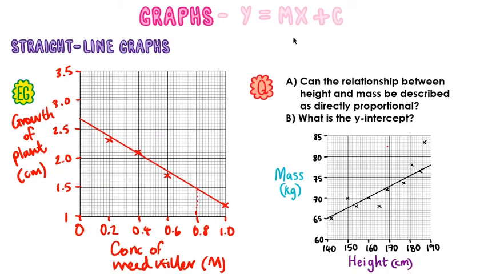The equation of a straight line graph is always described by y equals mx plus c. M is the gradient, and we're going to look at how you work that out in a minute. And c is the y-intercept, which means where your line of best fit crosses the y-axis. So we're going to look at how you find that.